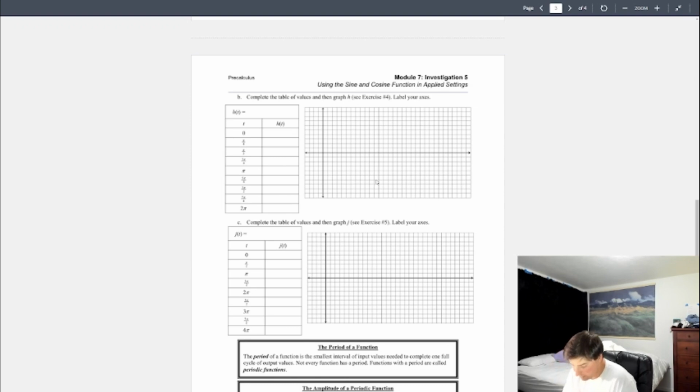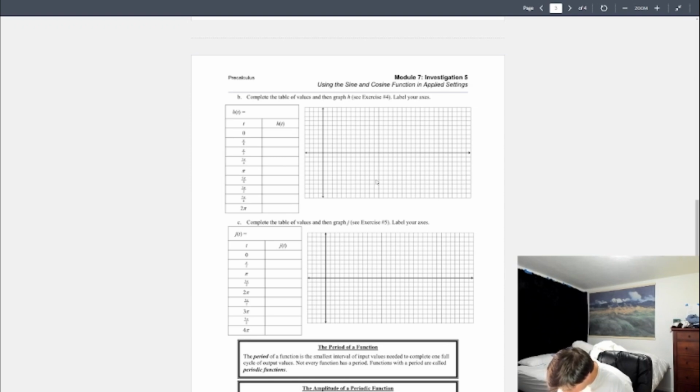And you know what? Let's have some fun. 2 pi is 0. 5 pi over 2 is negative 1.62. This is 3 pi. What's going on?